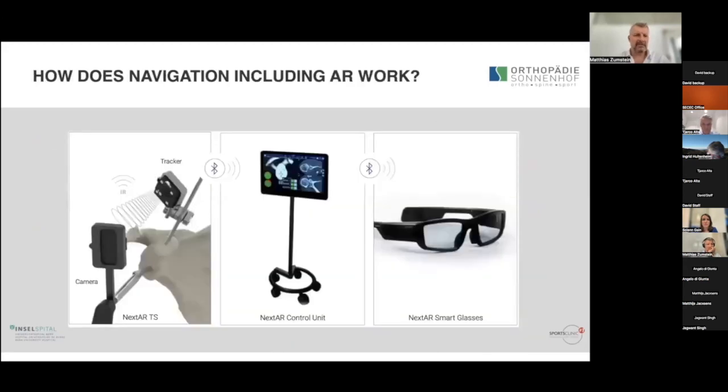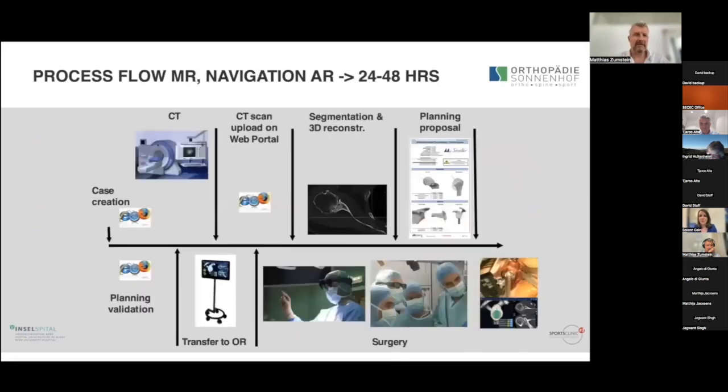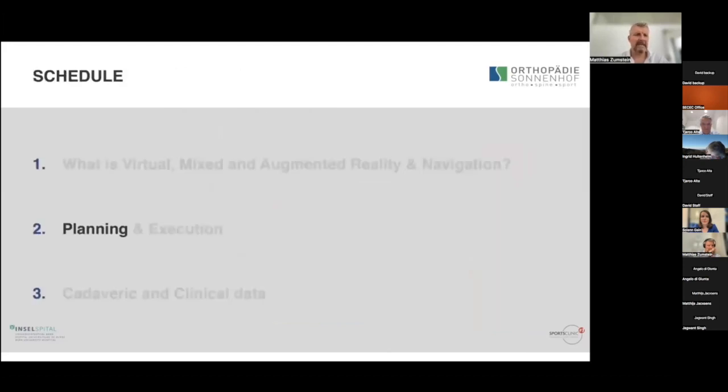I use a camera and a tracker, and of course a control unit, and some glasses are optional in order to improve visualization. This is the flow chart. You upload your CT scan, and within 24 to 48 hours, you get a planning, and you transfer it via USB stick into the OR, and you have feedback during the surgical procedure.